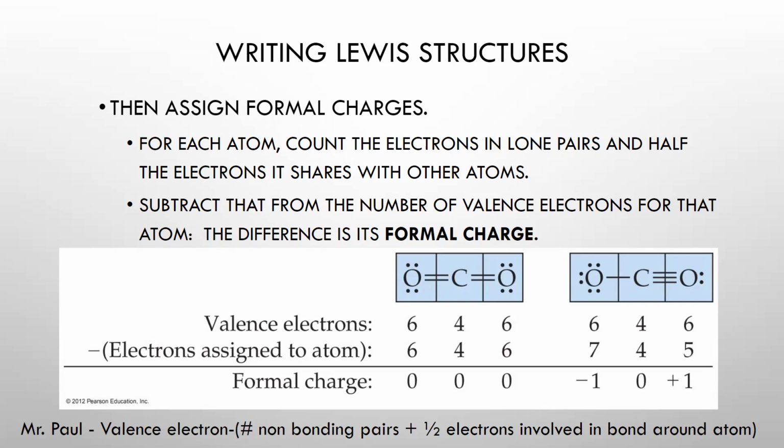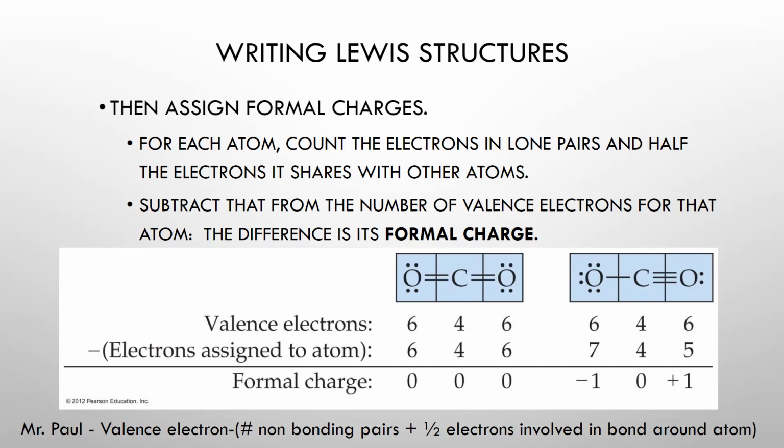So that's 3. 3 plus 2 gives us our 5. And then we look at that, that gives us a +1. Not really good because oxygen is the most electronegative element in the group. So it should have a negative charge or 0 at best. And we do like when they're 0. And we look at carbon. Carbon has 4 bonds around it. So that's 4, that's 8 electrons. Half of 8 gives you 4. So that works out.